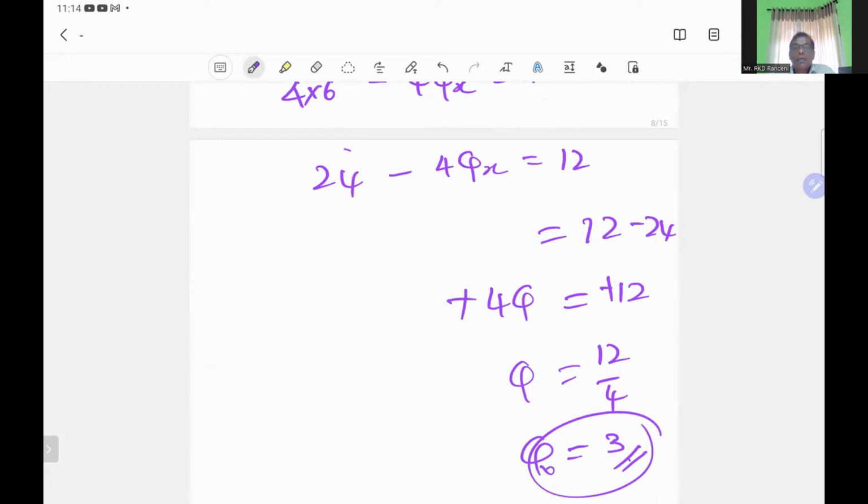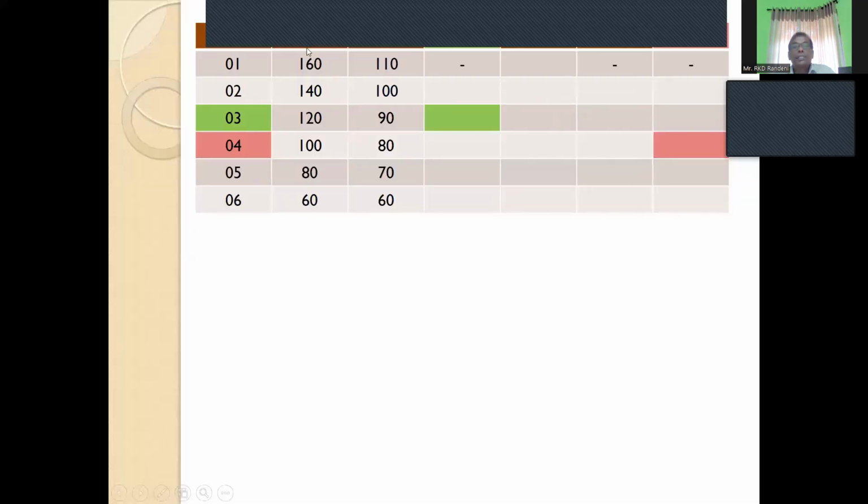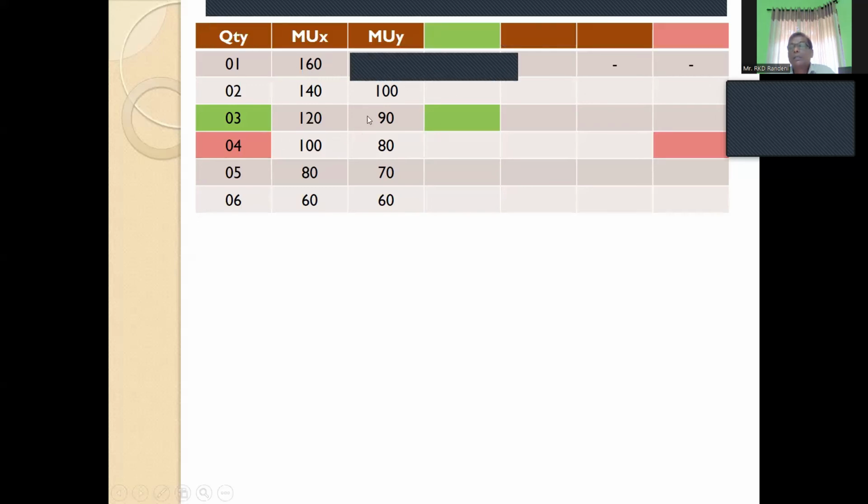Now you have this data. You go to the PowerPoint presentation. The price of X is 40, price of Y is 20, and the income is 240. You can't take just any price or any income like that. According to this data, we have to find out the equilibrium point.